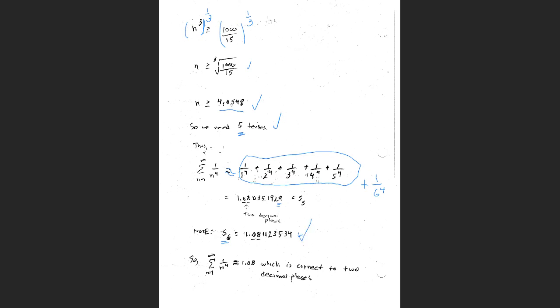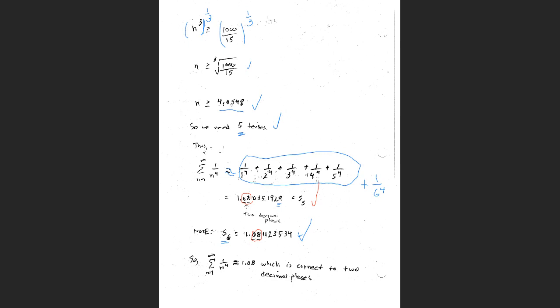If you look at the 6th partial sum and the 5th partial sum, you see how after the decimal point you got 0.08, 0.08. You see that? So they agreed to 2 decimal places. So therefore, we say our estimate is correct.